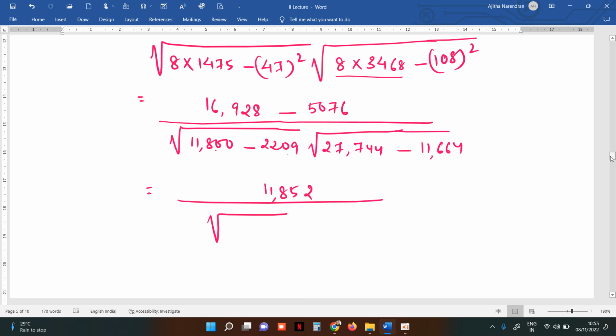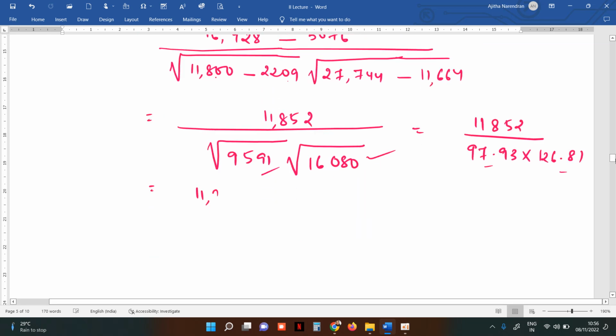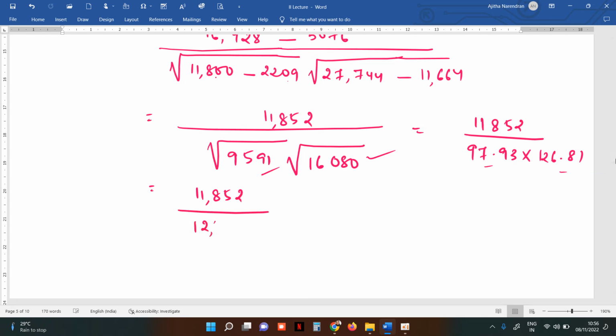If you want, you can do it step by step. 16,080 root is 126.81, and the root of the other is 97.93. 11,852 divided by the product, the value will be 12,418.5033.